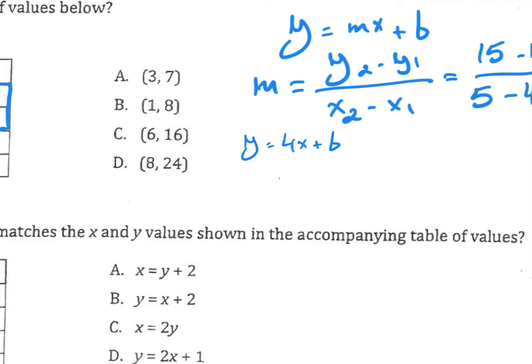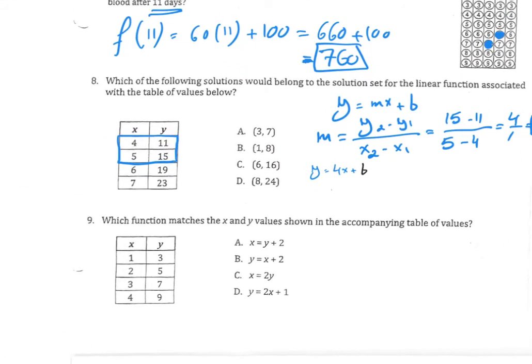Now I'm looking for b. I can choose any point I want to substitute. Let's suppose I choose 4 and 11, so I can substitute x by 4 and y by 11 in order to find b.